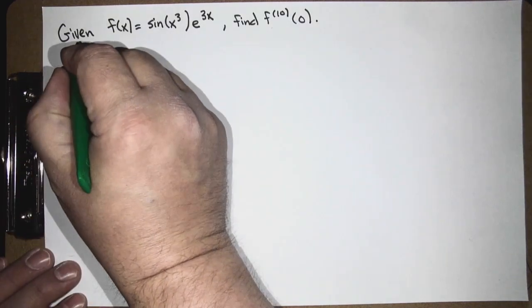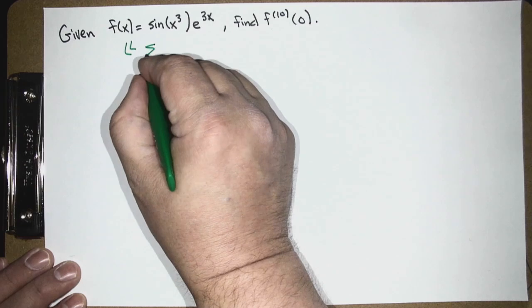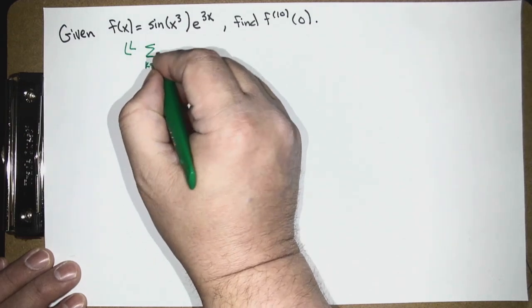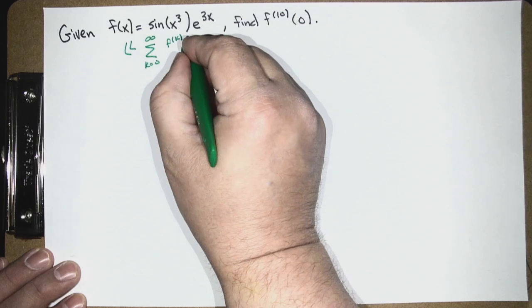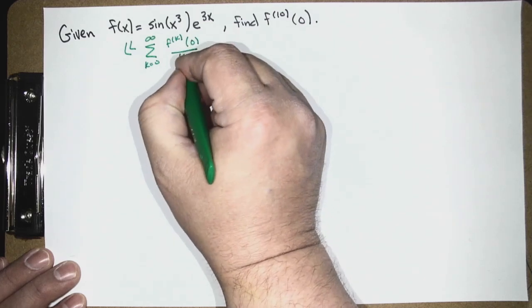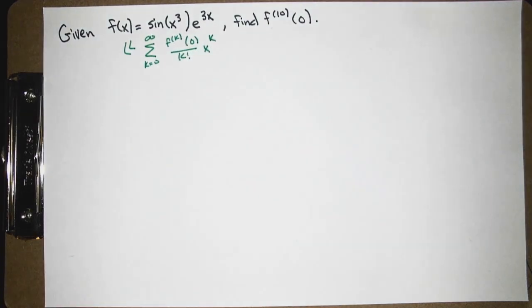All right, so we know that our function, we can think of it as a Taylor series. It's the sum, 0 to infinity, the kth derivative at 0 over k factorial x to the k. So if I could find that series, then I win. Now the question is, do I need to find the whole series?